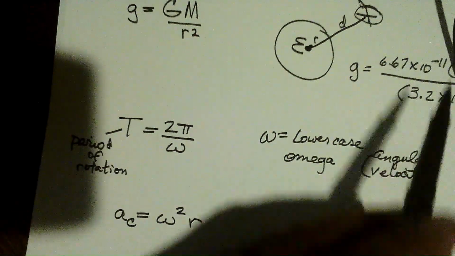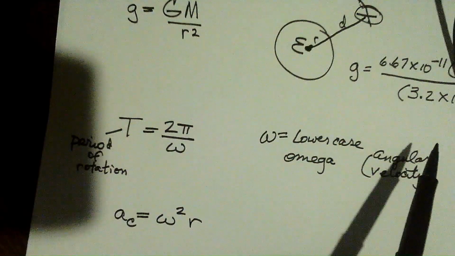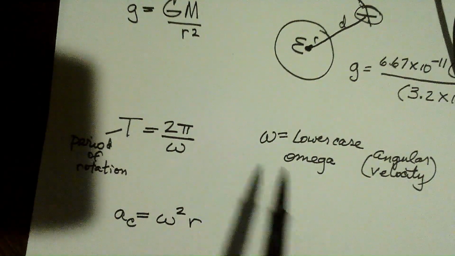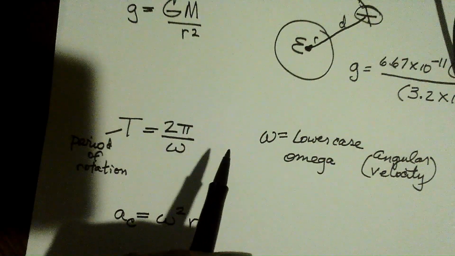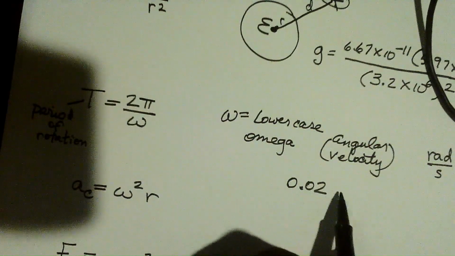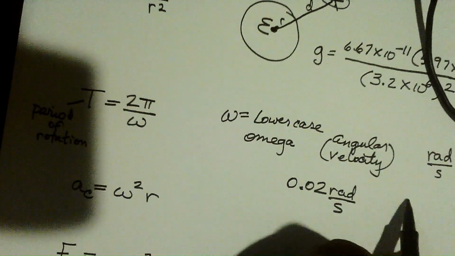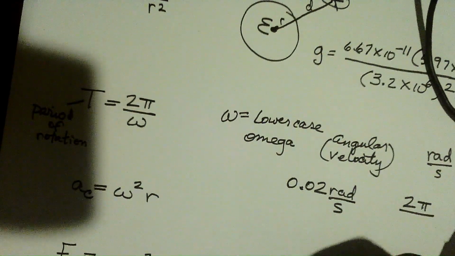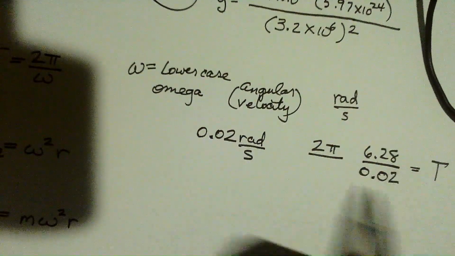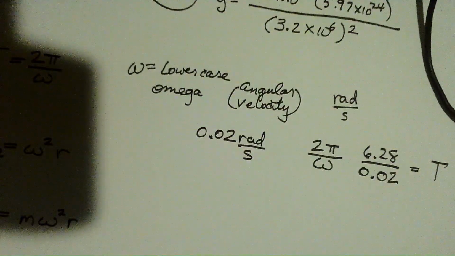How long does it take that object to rotate around the Earth? That's what we want to find out right here. If I give you an angular velocity of, say, 0.02 radians per second, all you're going to do is say 2 pi, which is basically 6.28, over 0.02. And that will tell you how long it takes the object to spin around the Earth, or around whatever it is.